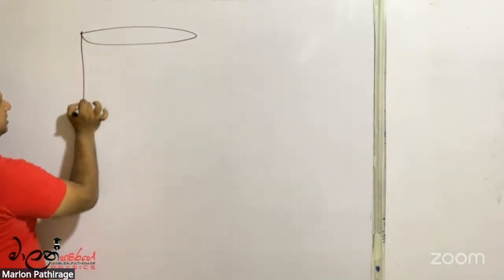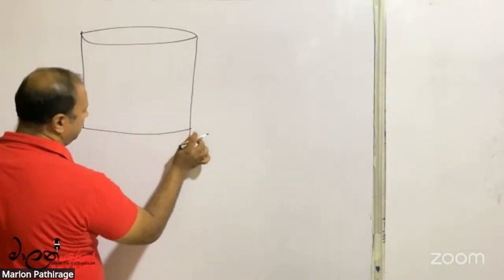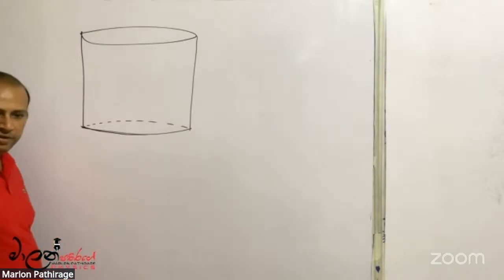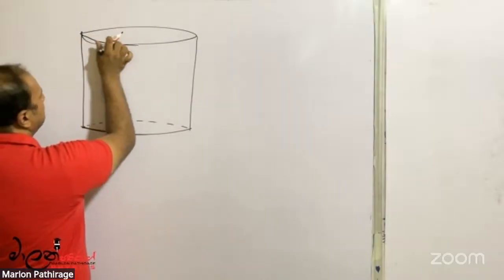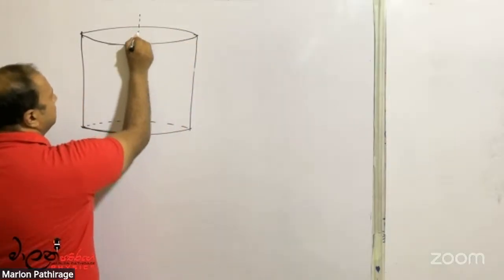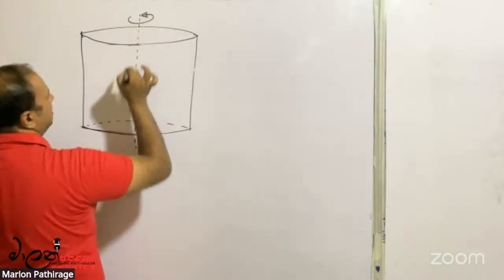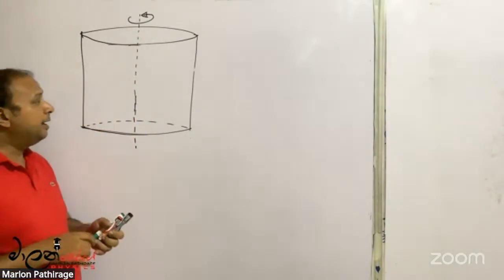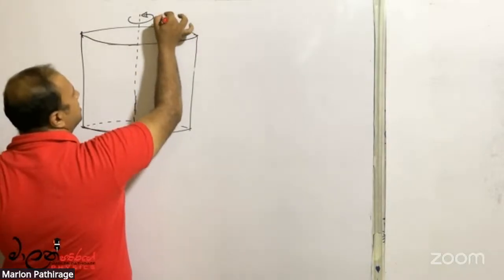Suppose now this is another application. A cylindrical vessel, and now this vessel is rotating about its own axis. This way, the cylinder is rotating about its own axis with a constant angular speed of omega.